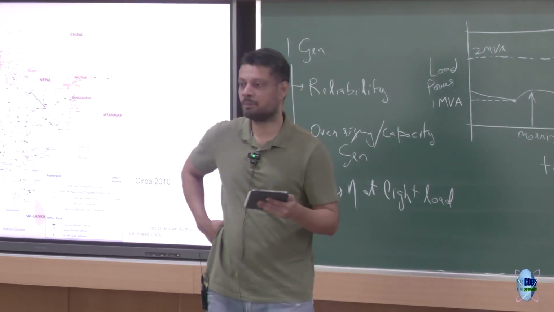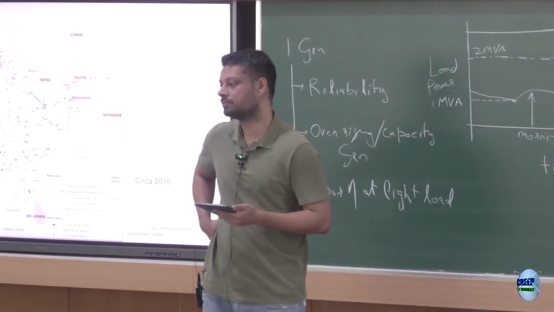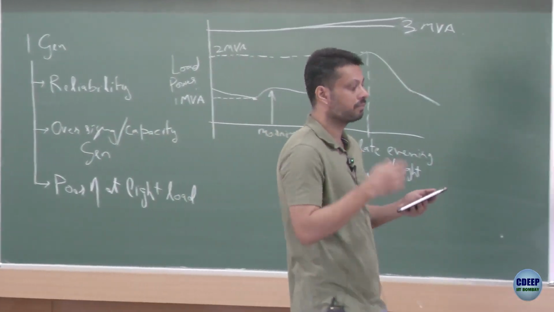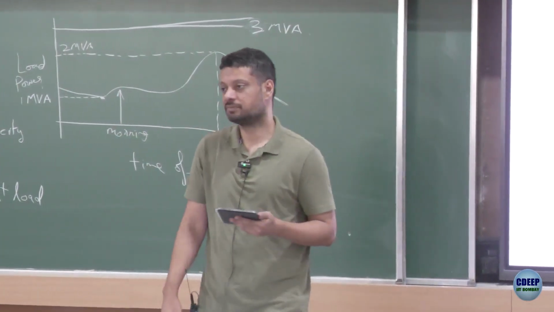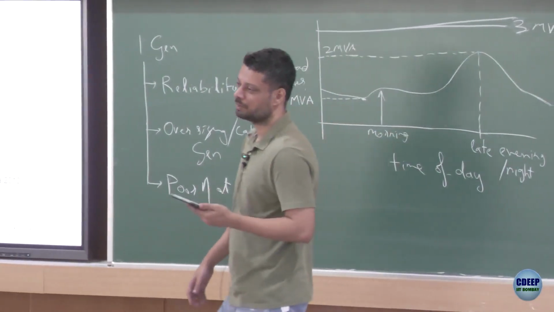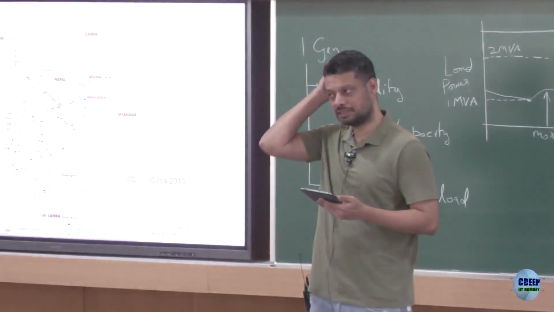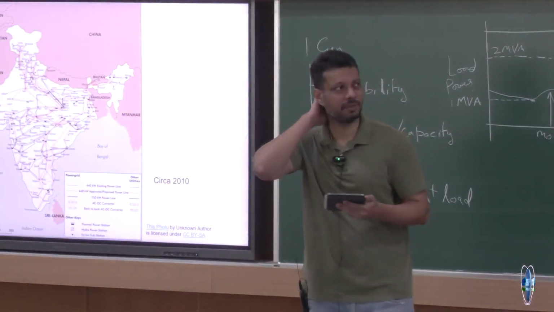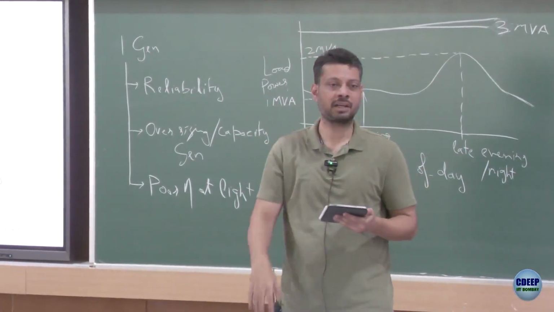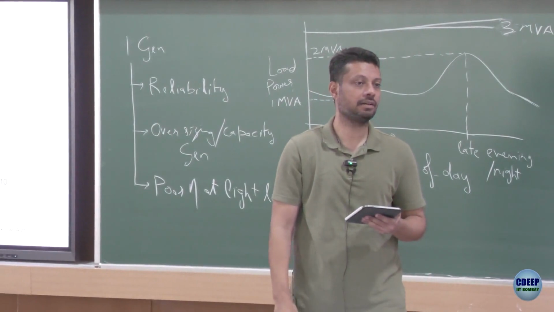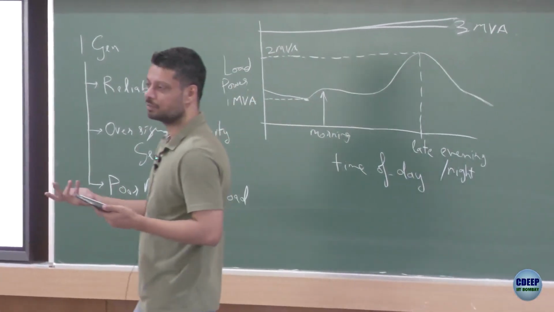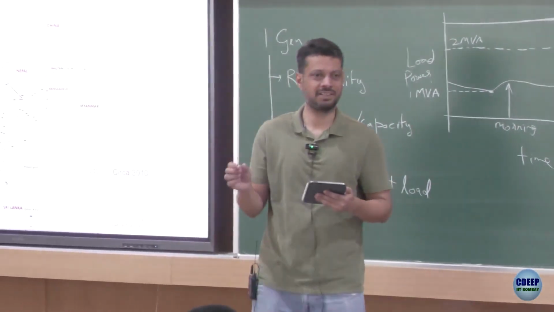So 3 megawatt means how many houses? 3000 divided by 10, it's about 300. That would not be much. It could be a big residential society, so to say. I hope you are doing the math correctly. 5 to 10 kilowatt is a typical house connection. So maybe 600 houses, maybe 1000 houses. So 3 megawatt is a very, very small link.